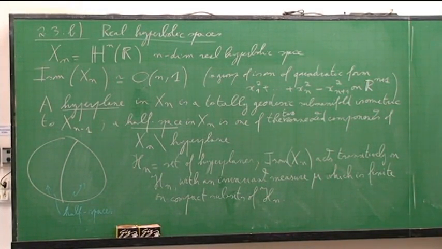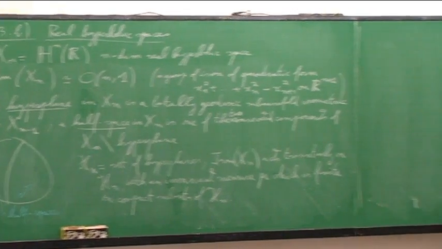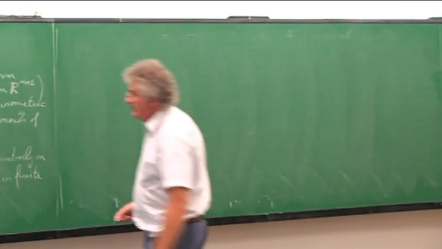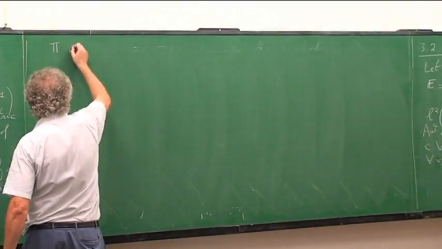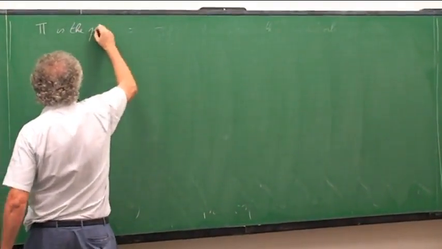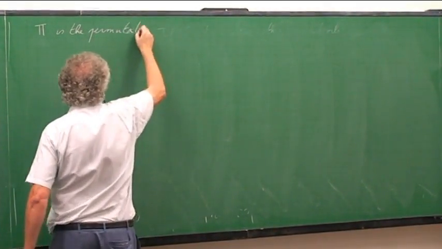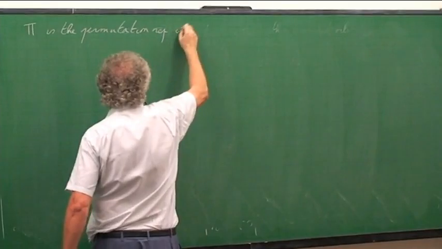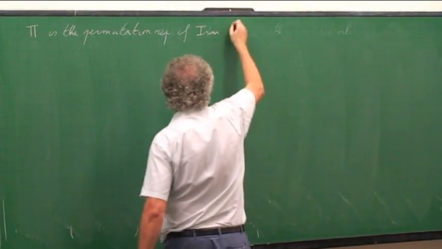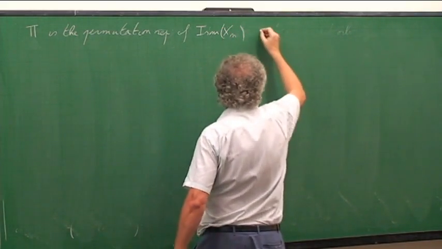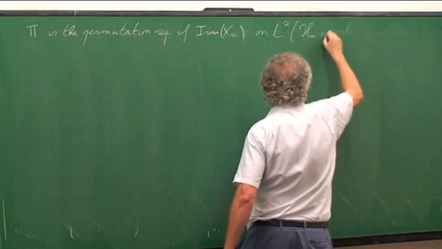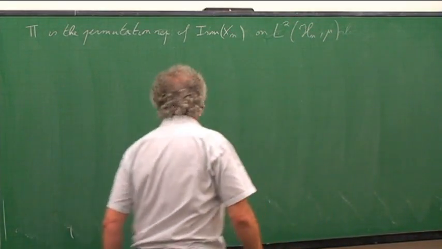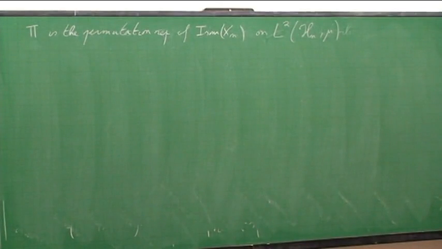So in the framework that I described in the beginning, I first need a representation of my isometry group, and so pi is the permutation representation of the isometry group of X_n on L2 of the set of hyperplanes with respect to the invariant measure mu.